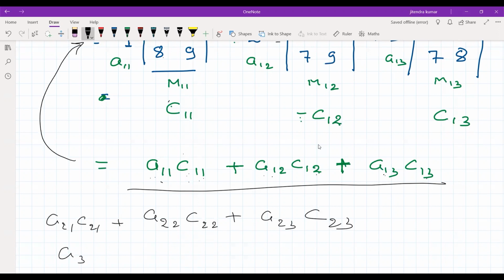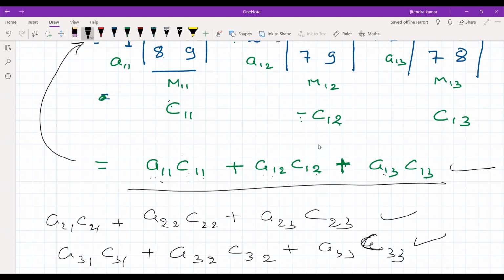Similarly, you can apply A31 C31 plus A32 C32 plus A33 C33. Or you can apply it in columns also. All of these will give the value of the determinant only, so all of these will be equal.